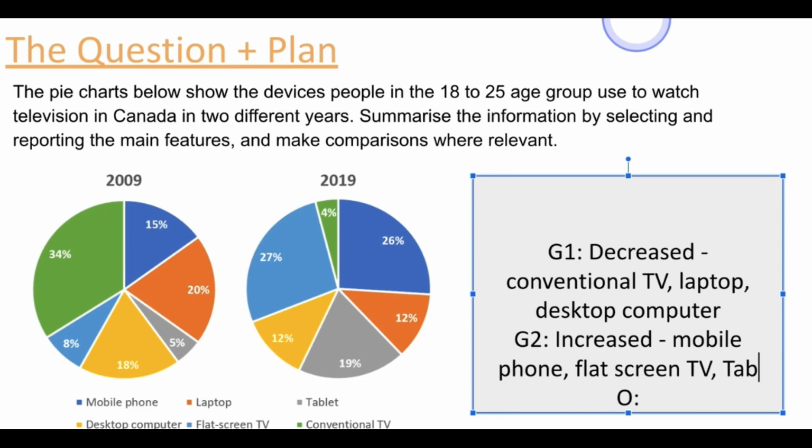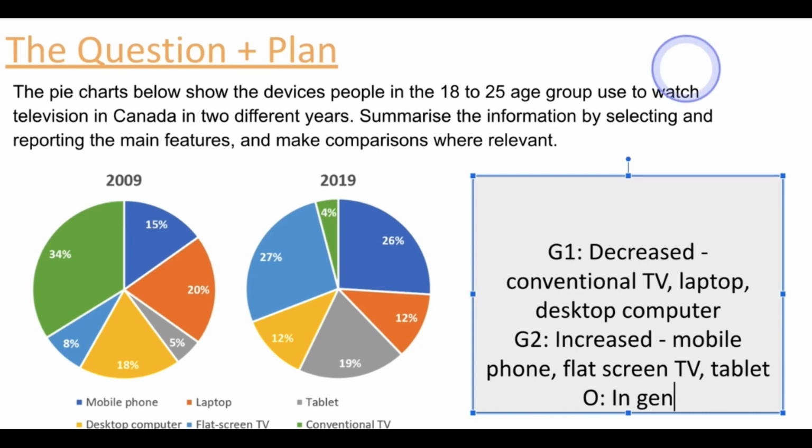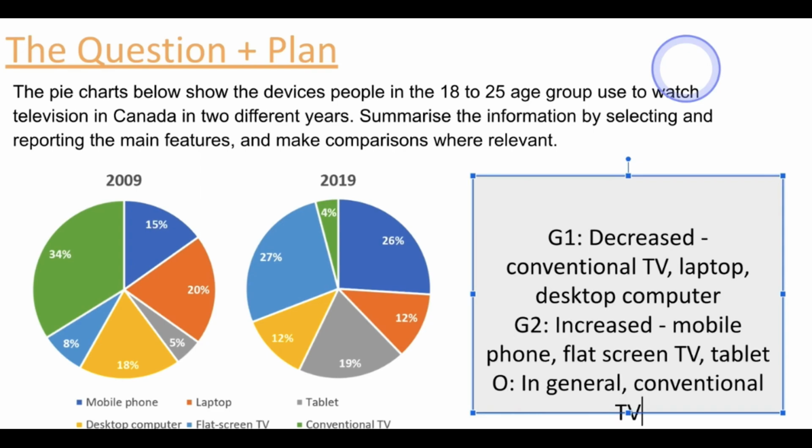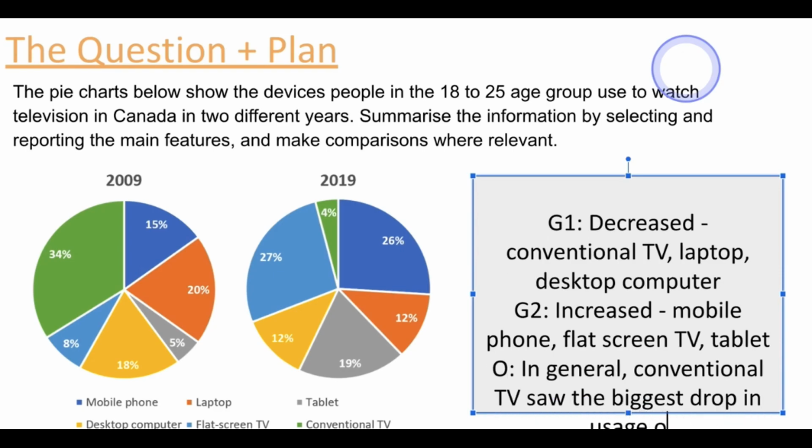Okay, so the overview then. The most striking information here is probably the decrease in conventional TV. So in general, conventional TV saw the biggest drop in usage over the 10 years.